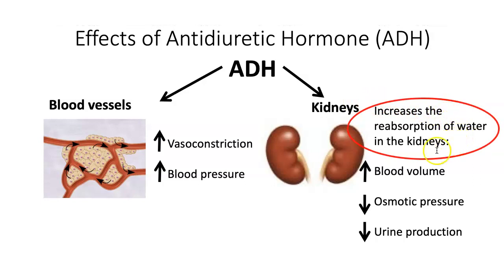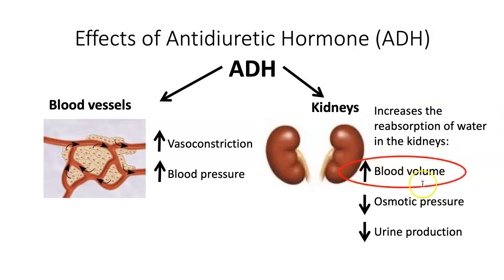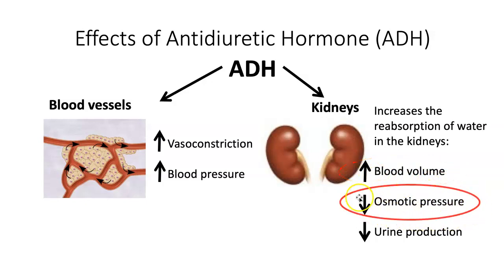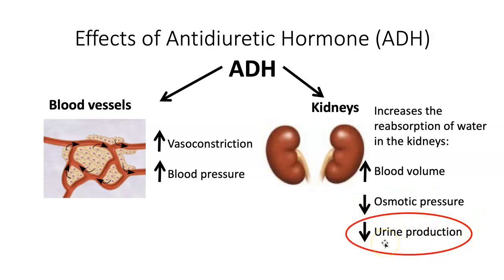In other words, water that would have become part of the urine is taken back and put into the blood. So the blood volume goes up. That extra water is going to dilute out the blood, so the osmotic pressure of the blood goes down. And of course, because we're taking water out of the forming urine, urine production decreases.